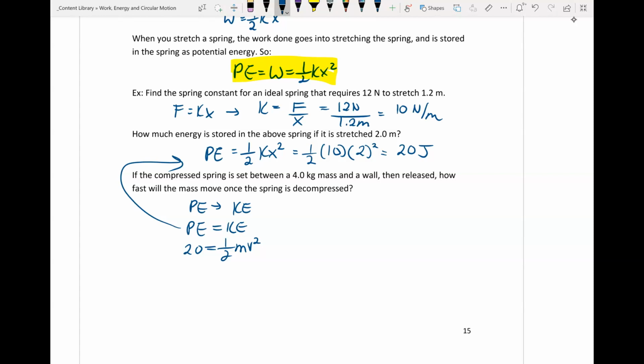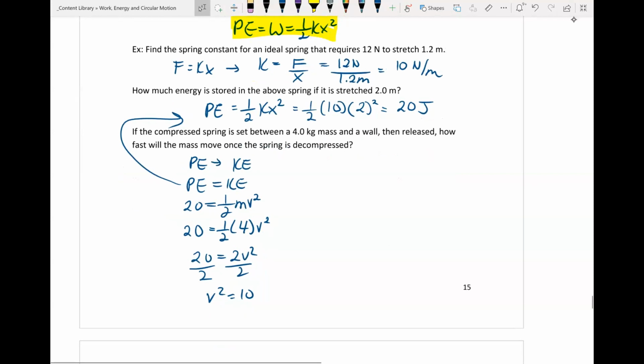And again, this is from our last video and our last lesson. Our mass is 4 kilograms, and we're looking for v. 4 divided by 2 is 2. Then I'm going to divide 2 on both sides, so v squared is 10. Lastly, I'll square root both sides in order to get v by itself, so this will be 3.2 meters per second as our final answer.